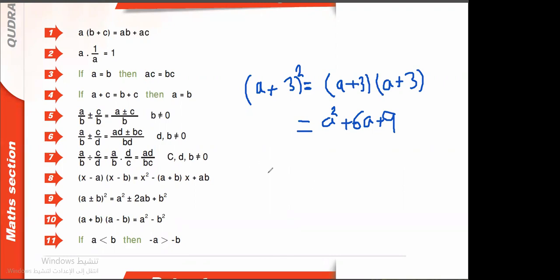Right. Okay, now I give you another example. Can you solve this problem? If I have now a minus 4 to the power 2, what is the answer?